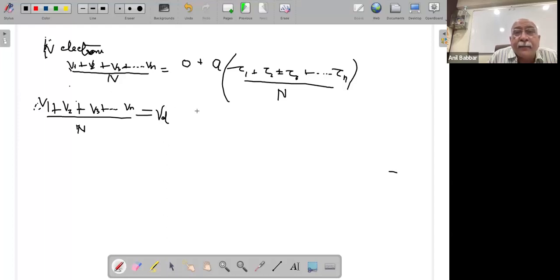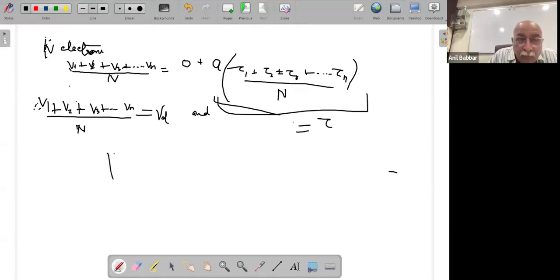And this term is the relaxation time, so let this be equal to tau. Fine. Now we can say Vd equals A tau.